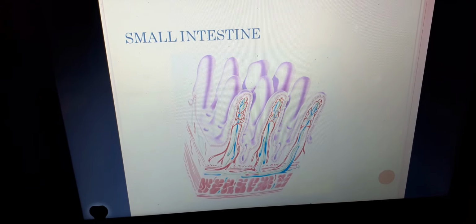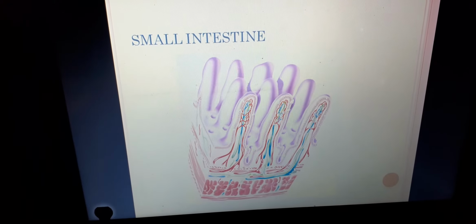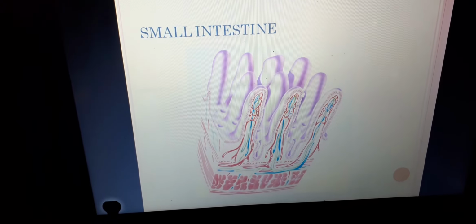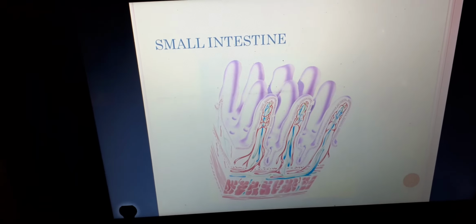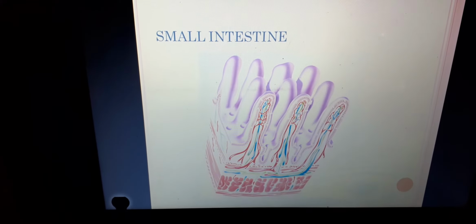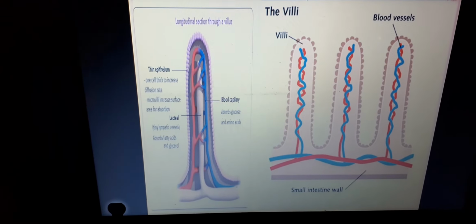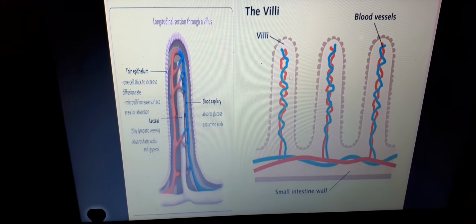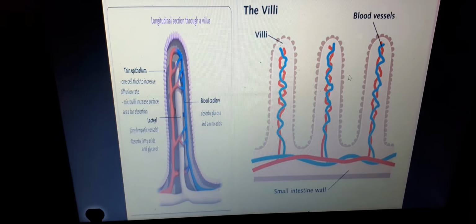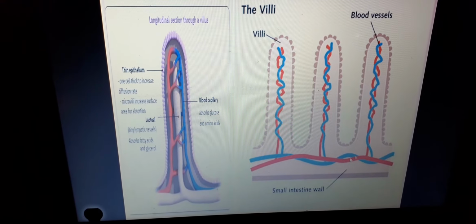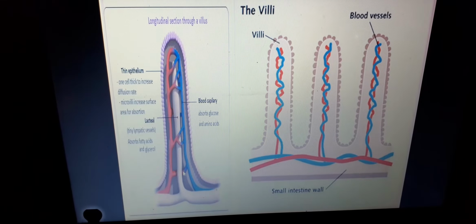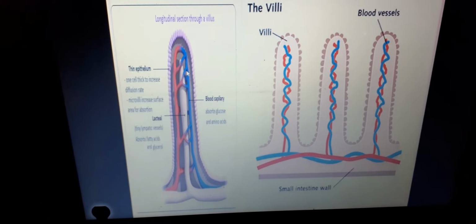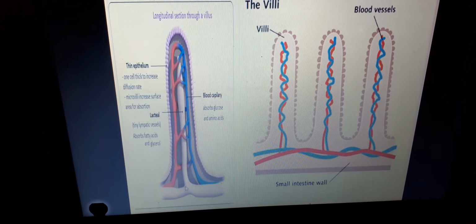The absorbed nutrients are then taken to all the cells of the body by the blood, and energy from the food is produced in the cells. This is again the elaborated structure of a villus. All these together are known as villi, where you can see the blood vessels, and here another vessel, which is responsible for the absorption of digested fats.